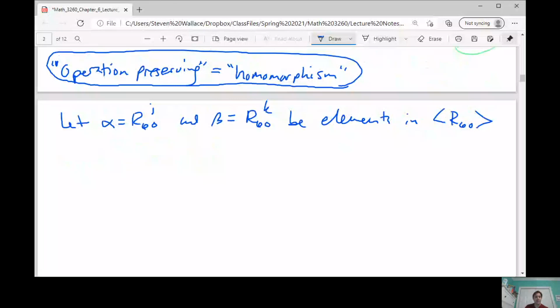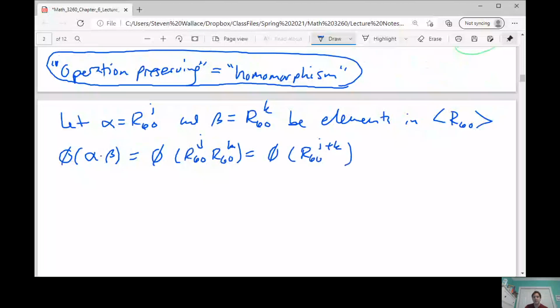So now we're going to find what phi of alpha times beta is. Well, that's phi of R60 to the J times R60 to the K, and the multiplication in this cyclic group is you just add the powers. Which means the function itself just gives you the exponent.